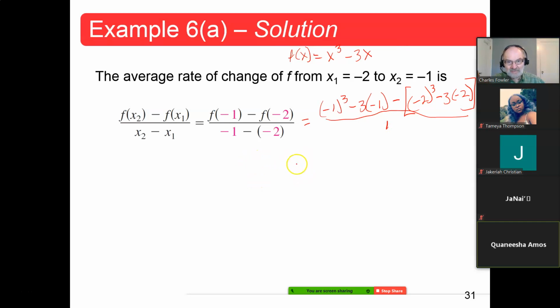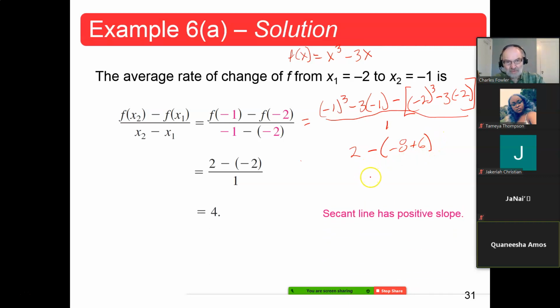Okay? So this will be, okay, I'll let them go on from here. That gives them a 2, which is what I was going to say here. This is -1 plus 3, that gives them a 2, minus, and this will be a -8 plus 6, that'll be a -2, so -2 minus a -2 is 4.